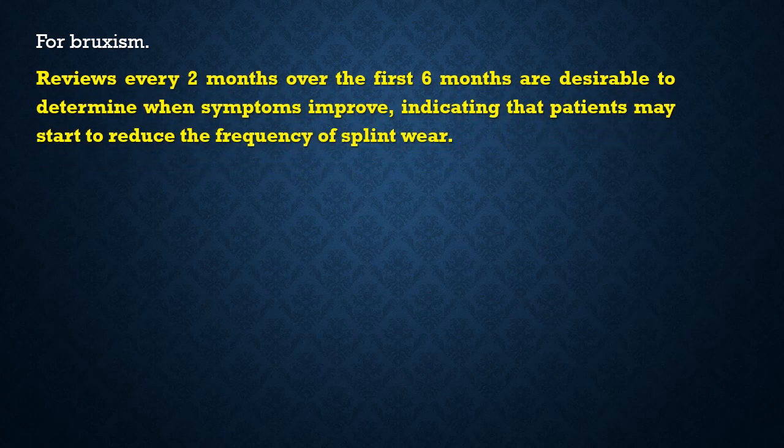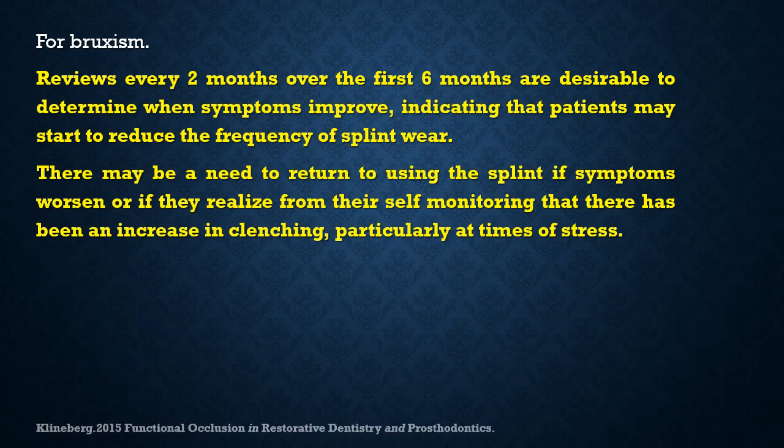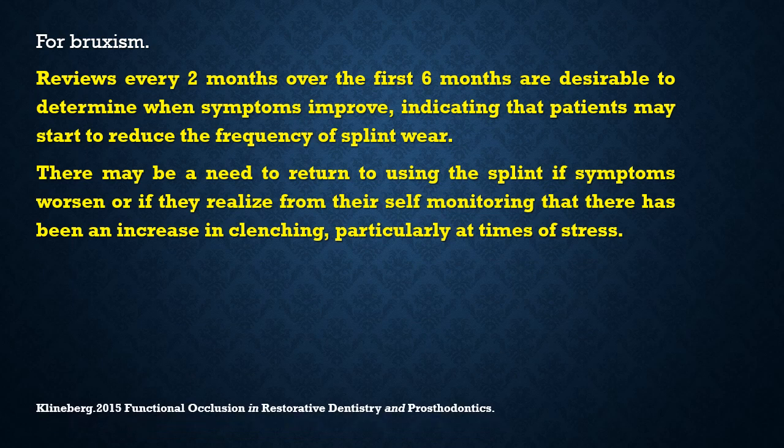Review appointments every 2 months over the first 6 months are desirable to determine when symptoms improve, indicating that the patient may start to reduce the frequency of splint wear. And also there may be a need to return to using the splint if the symptoms worsen again or if the patient realizes from their self-monitoring that there has been an increase in clenching, particularly at times of stress.